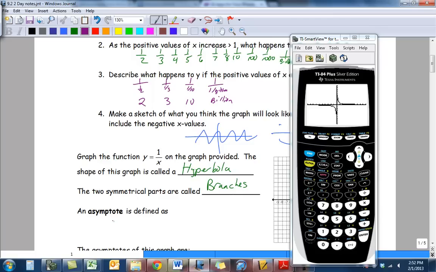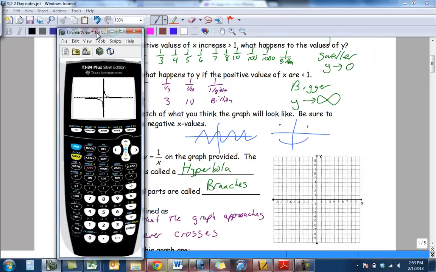An asymptote, we're familiar with those back from conics, is a line that the graph approaches but never crosses.